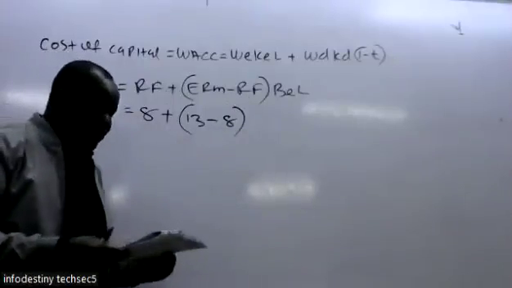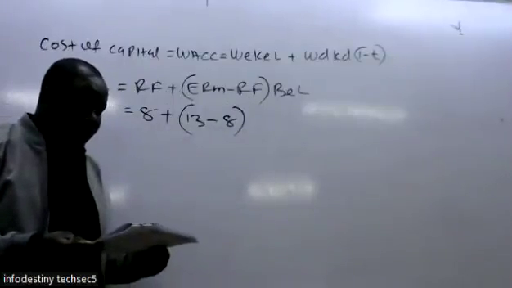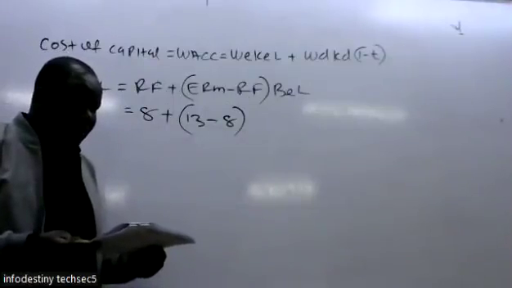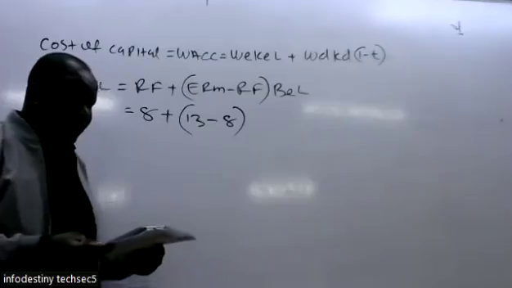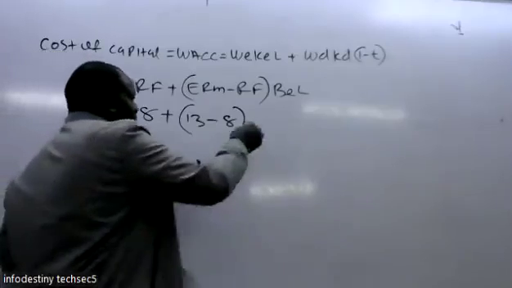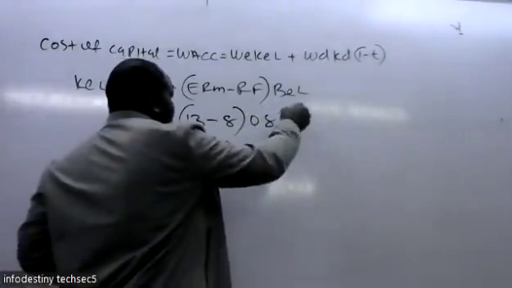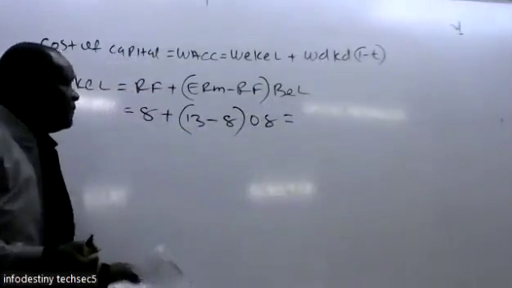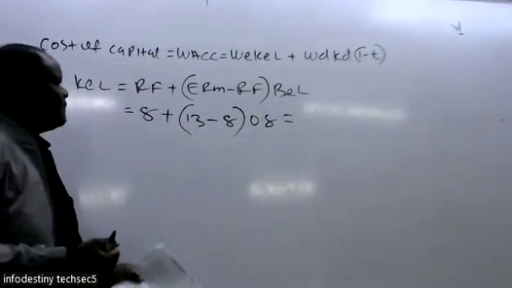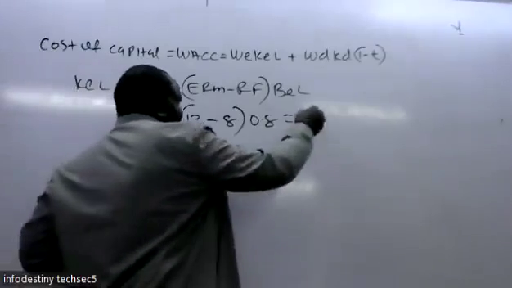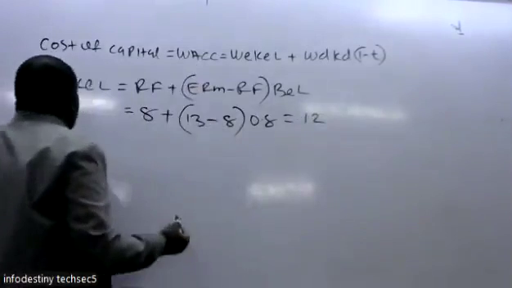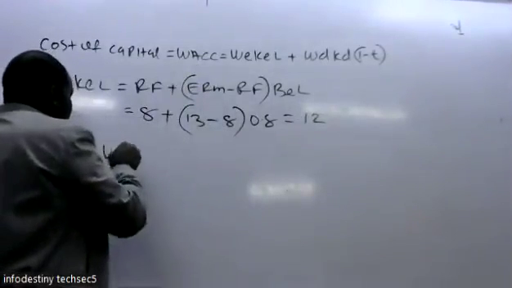So equity beta was given to you in the note number 3. The firm's levered equity beta after acquisition is estimated to be 0.8. So multiplied by 0.8. We get 12. So we are computing the WACC.